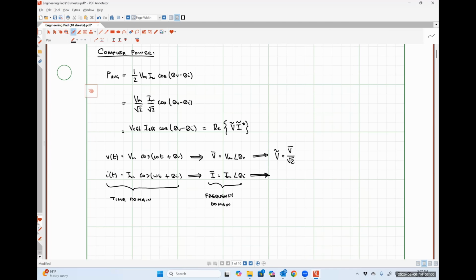And whenever we divide a polar form complex number by the square root of 2, the only thing that's going to change is the magnitude. The phase angle is going to stay exactly the same.